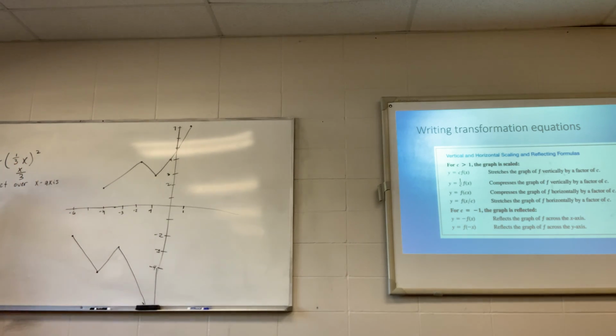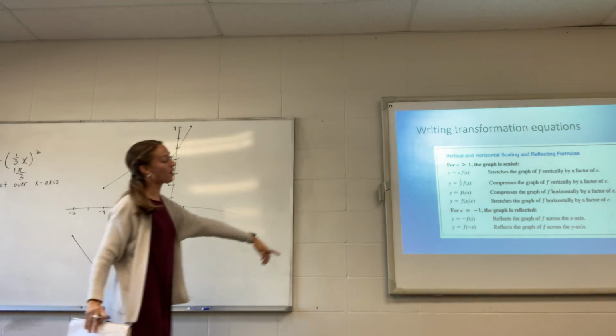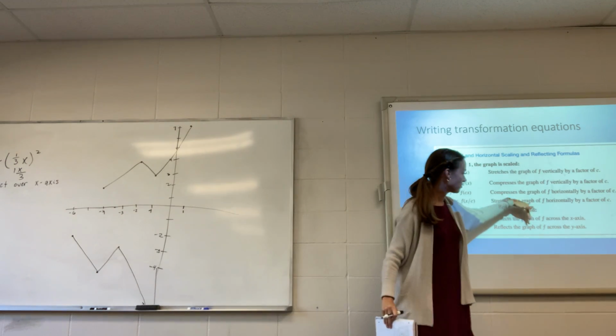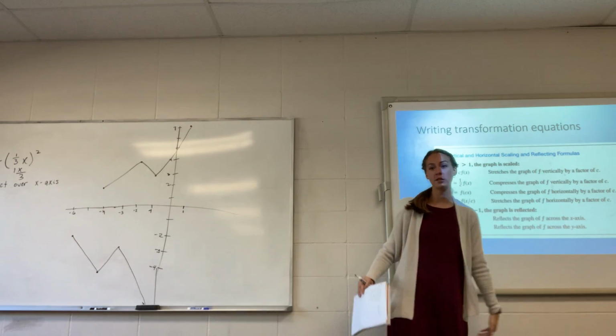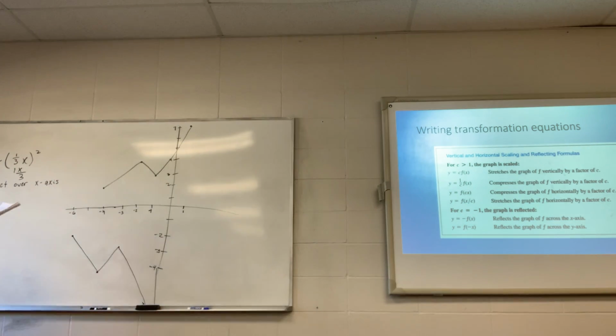Are you guys okay with that? 1/3 x and x over 3 are the same thing, because this would just be like 1x over 3. So, since I have 1/3 x, I know I'm looking at my fraction one. So I would be this case right here. So I'm gonna stretch horizontally by 3, okay?